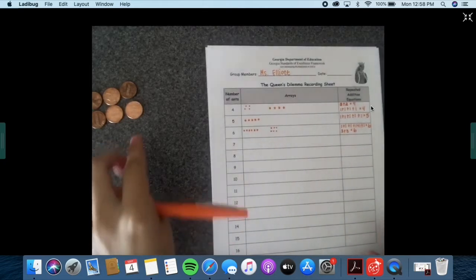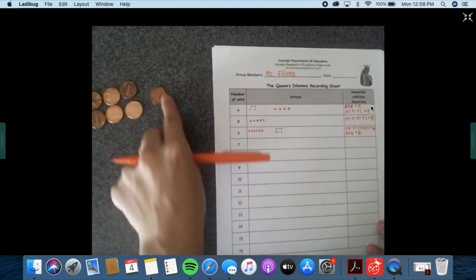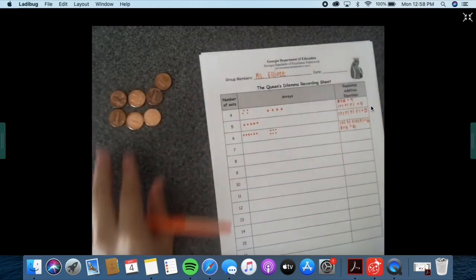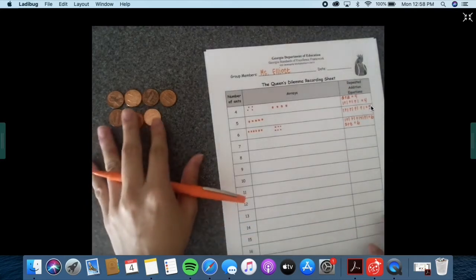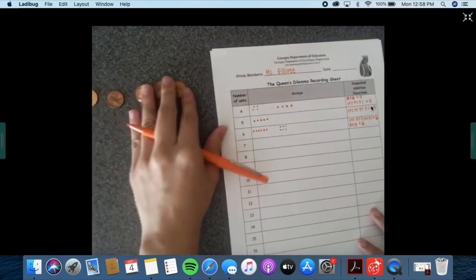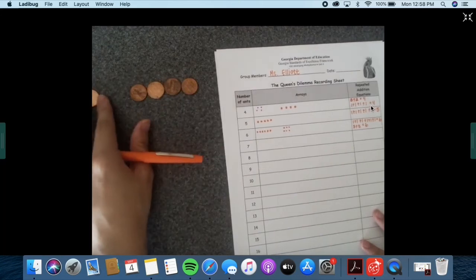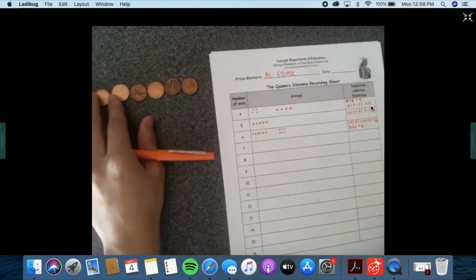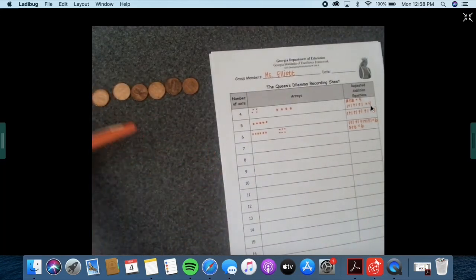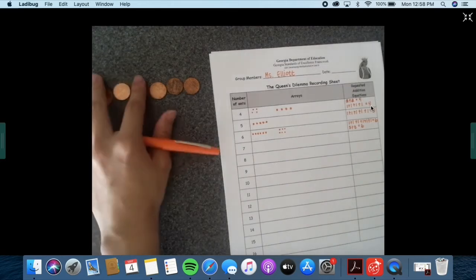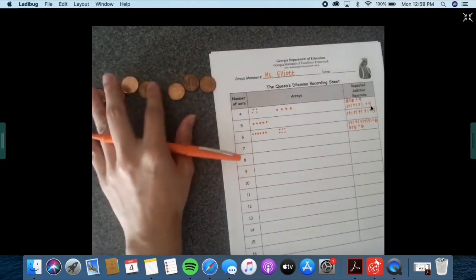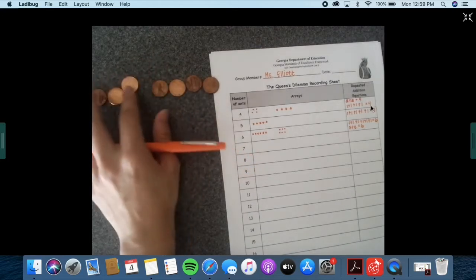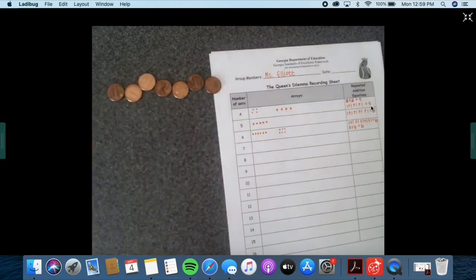If I add 1 more penny, it would get me 7. Oops, you can't see that. There we go. But that's not equal. So the only way it would be equal is if I moved those to be one long line of 7. And you can't see all my pennies, so I'm going to squish them in a little bit more. 1, 2, 3, 4, 5, 6, 7.